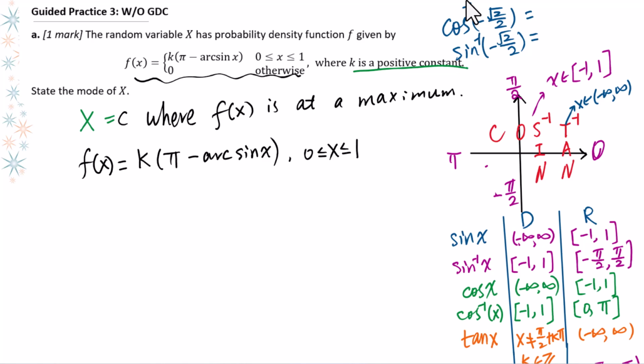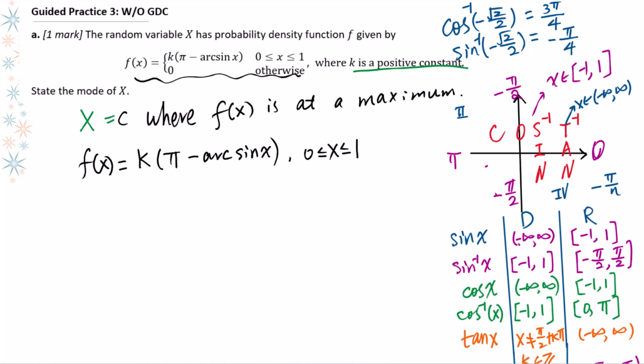Inverse cosine of negative square root of 2 over 2 goes to the second quadrant, so we get 3 pi over 4. For inverse sine of negative square root of 2 over 2, go to the fourth quadrant. The answer will be negative pi over 4.